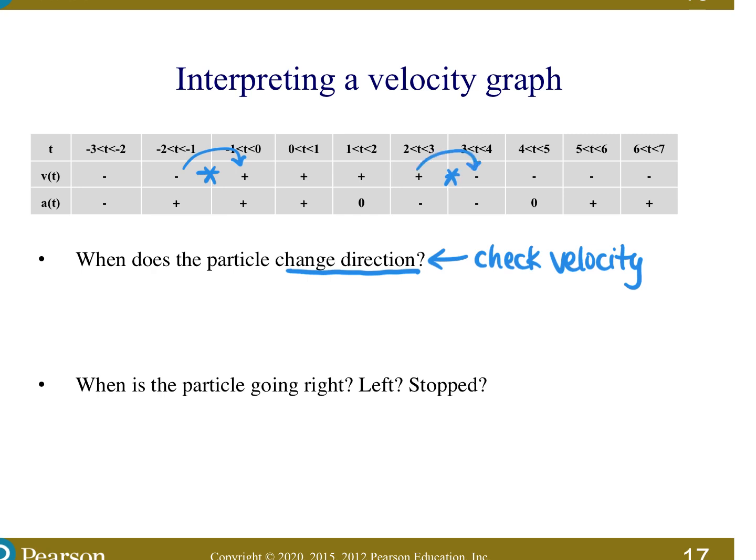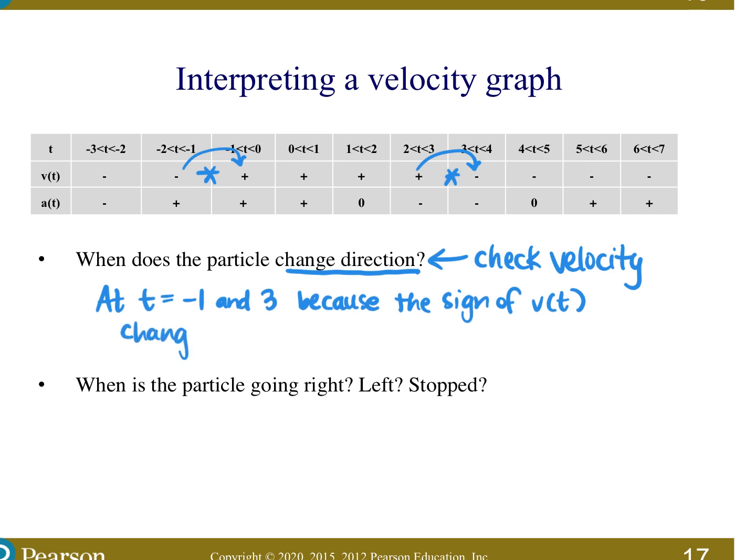I'm changing direction 2 times. And so we would say at t equals -1, and again at t equals 3, because the sign of the velocity changes. That's how we know we're changing direction, because the sign of velocity changes.